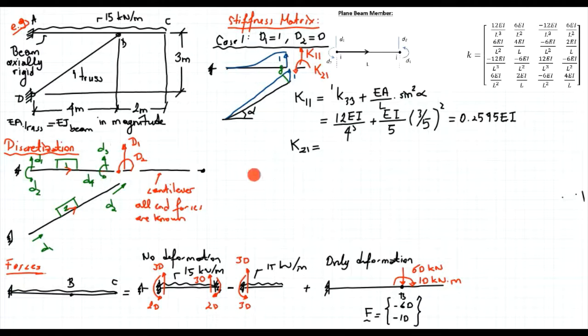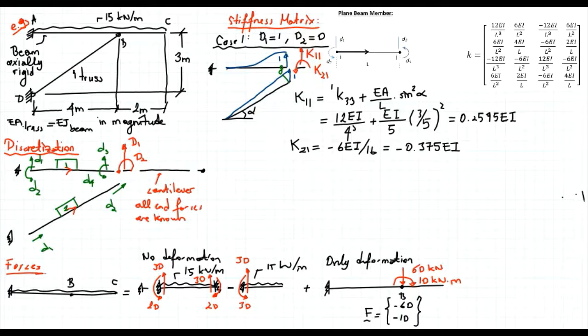That will be K43, minus 6 EI over L squared. So that will be minus 6 EI divided by 16, and that's equal to minus 0.375 EI. So we finalized the first case.